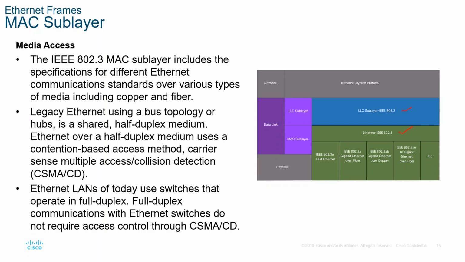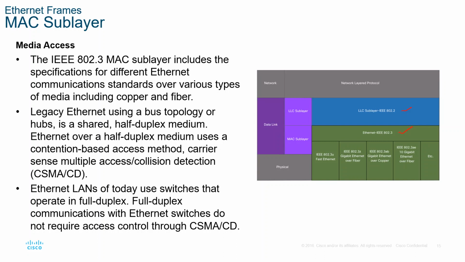So if both parties are trying to send a frame at the same time, collision will happen. So here, for Ethernet over a half duplex medium, they avoid collision by using a contention-based access method, which is called carrier sense multiple access collision detection, or CSMA/CD.